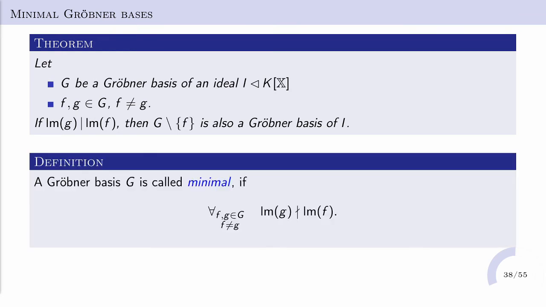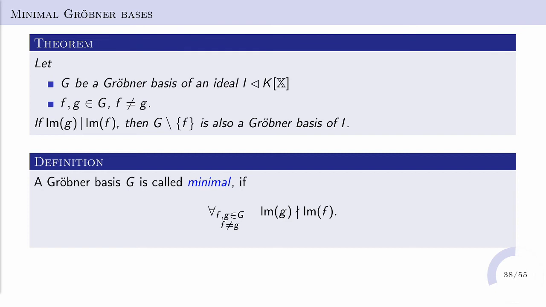A Grobner basis is called minimal if no polynomial can be removed from it. So the leading monomial of any polynomial will never divide the leading monomial of another polynomial in this Grobner basis. In other words, it can be proved that the minimal Grobner basis is minimal in the usual sense, so it has a minimal number of elements.